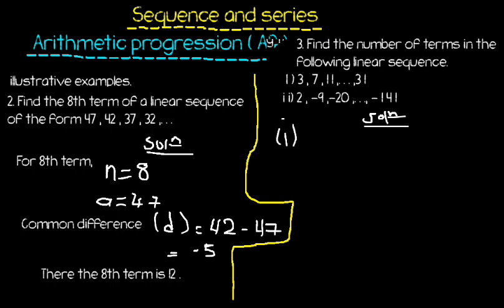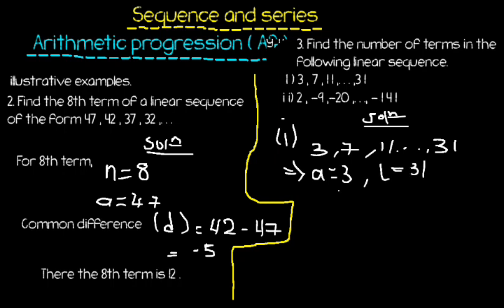The first question says 3, 7, 11 to 31. So the first term, which is a, is equal to 3, and the last term L is equal to 31. So we can say that our common difference is equal to 7 minus 3, which is equal to 4.